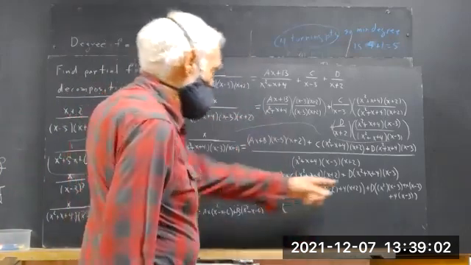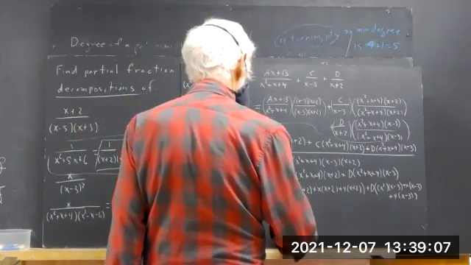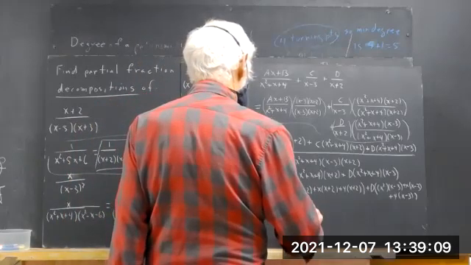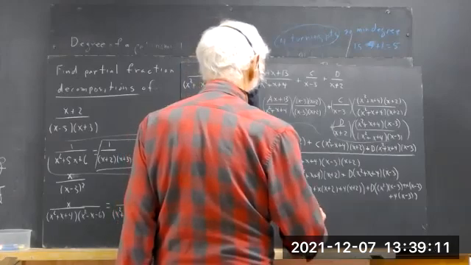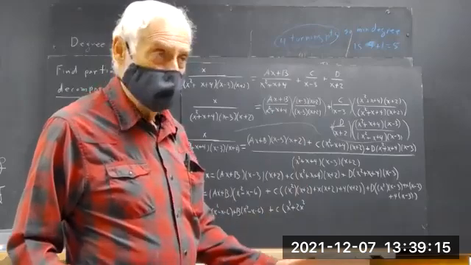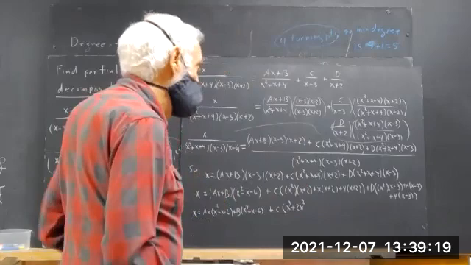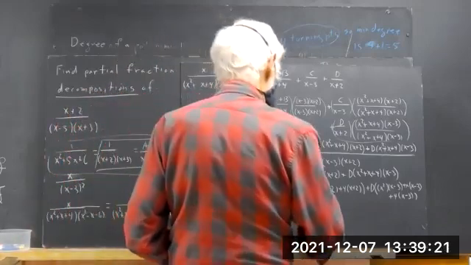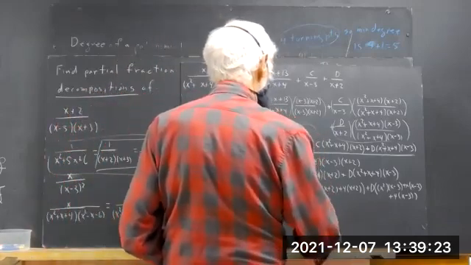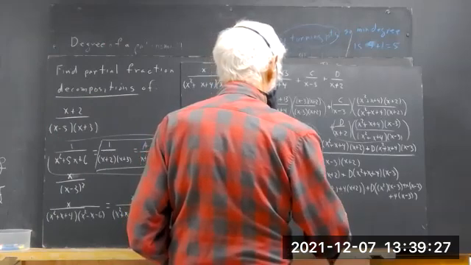Now I can multiply these out. x squared times x is x cubed. And then we've got 2x squared. I almost wrote 2x, so I blew my first chance to mess it up. Okay, but I'll find a way. Then it's going to be x times x plus 2. x times x is x squared. x times 2 is 2x.